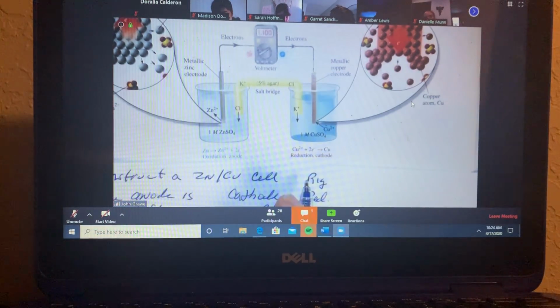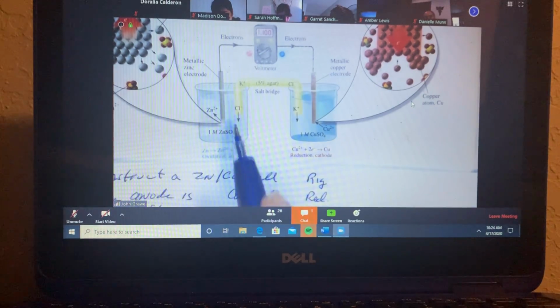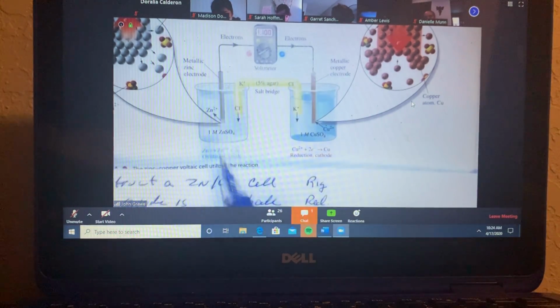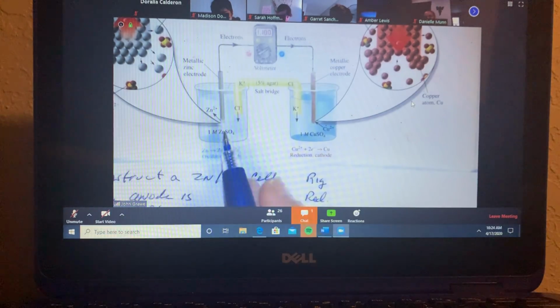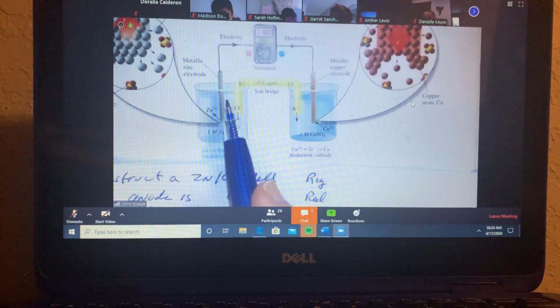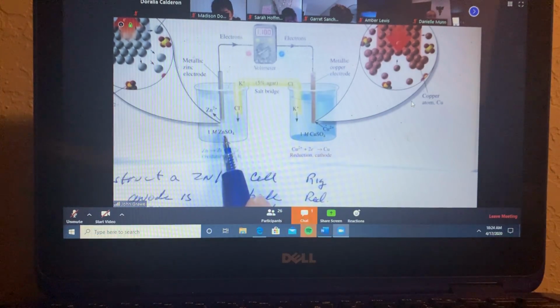How all these are made up is we take the metal and we immerse it then in the cation equivalent salt of that metal. So if the metal is zinc, we would need a zinc salt.